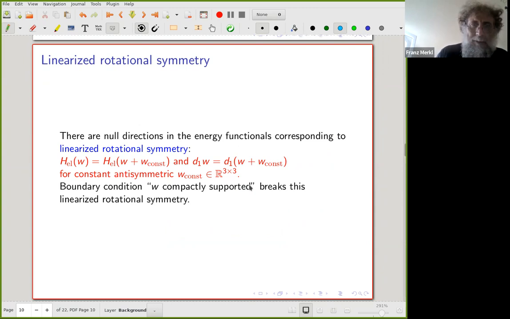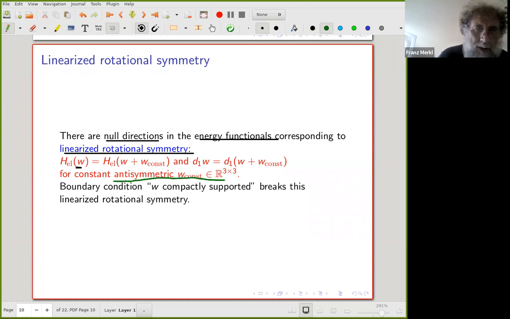Okay, but let me mention that there are null directions in this energy functional corresponding to rotational symmetry of the model. So when you add to W a linearized rotation, which is described by a constant antisymmetric matrix, which you should think of as a rotation matrix minus identity, close to the identity.